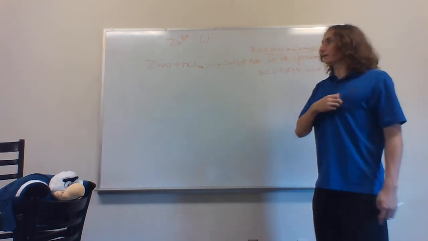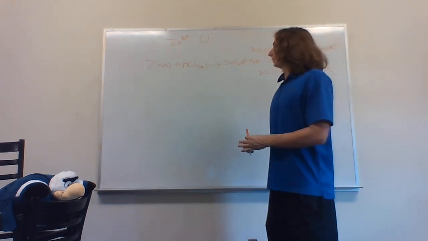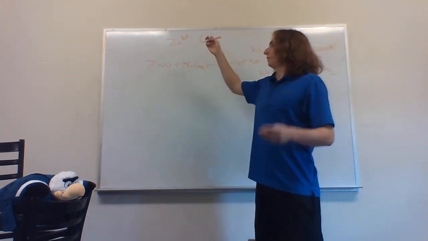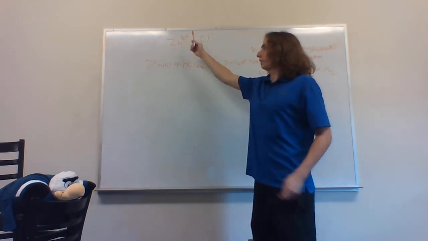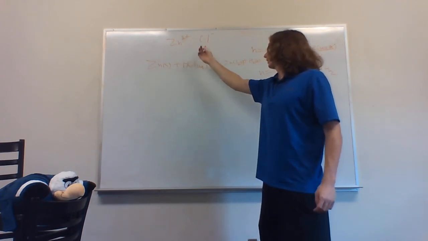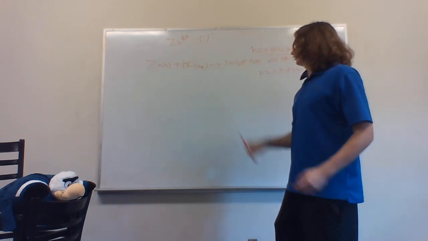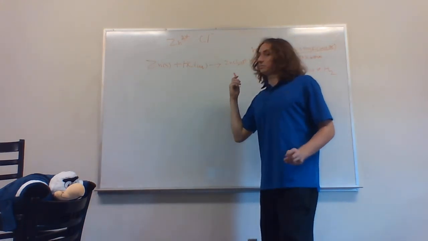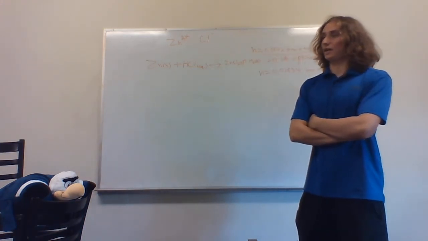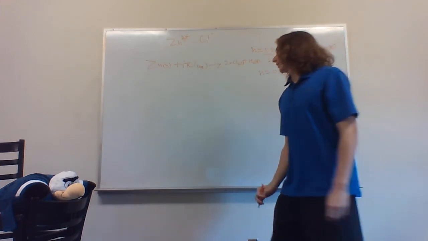In ionic bonds, they want to have a neutral compound, so the charges cancel out. To cancel out the +2 charge, two chlorides are needed. So ZnCl2. And we already know hydrogen in its natural state as a gas will be hydrogen gas.